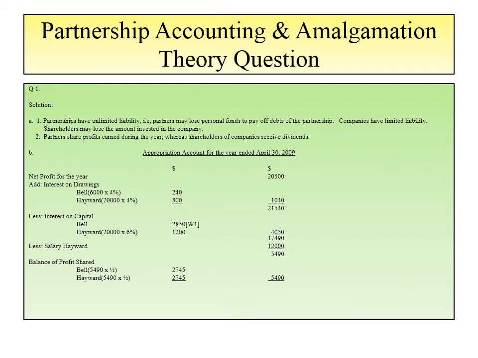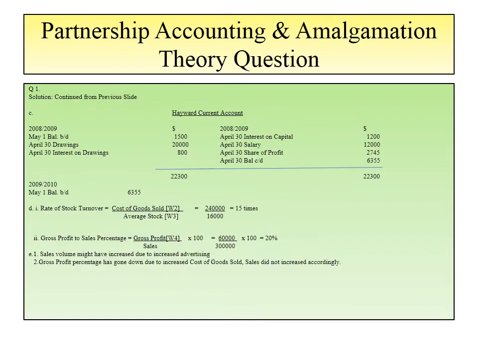Now we go to the next slide. Here the Hayward current account is calculated. The opening balance is a debit balance of 1500, drawings were 20,000, and interest on drawings is $800.